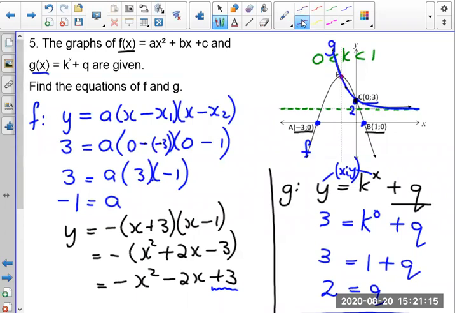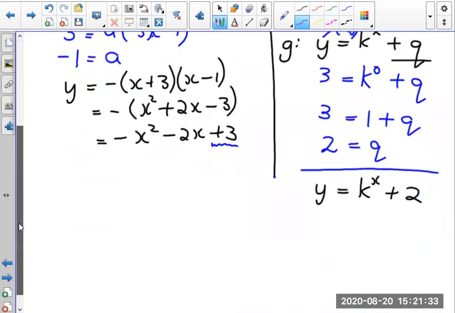No, that point which is the turning point of the parabola is also a point on the exponential graph. So can you calculate that turning point first? Yes, because you know how.